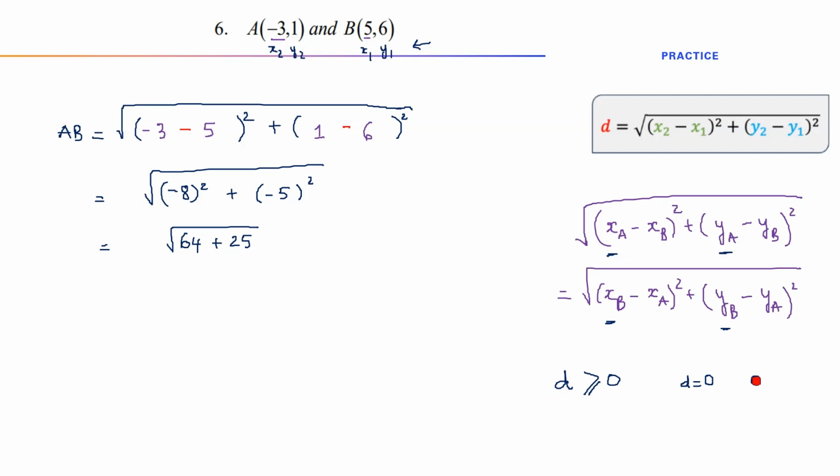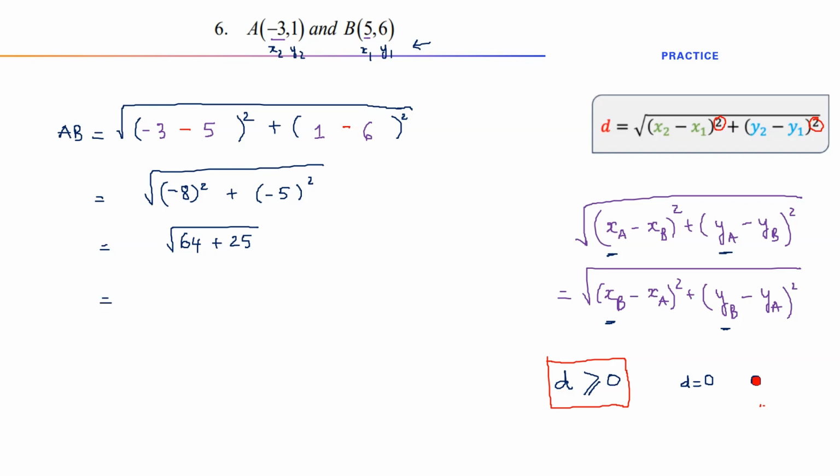That's why the distance is 0. As long as they are further apart, they do have a distance, and that distance has to be positive. It makes sense because under the square root is always positive in this case, because you square the difference of the x and square the difference of the y. So that will be positive under the square root, which makes the square root positive as well.